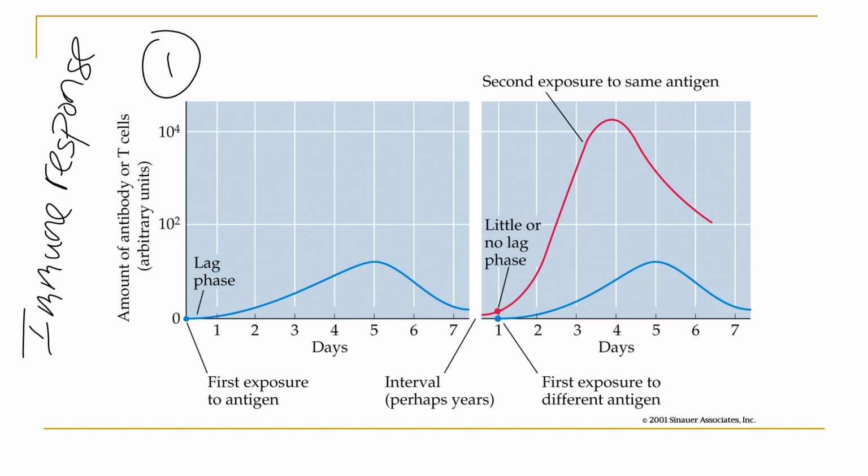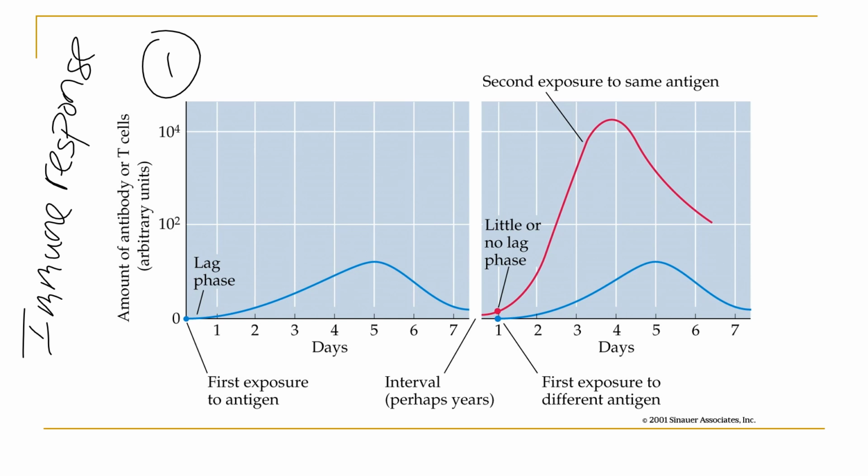Once it finds that, it mounts an immune response, your body starts fighting it, and you start to feel better. But those first few days, you don't feel really good because you feel sick and your body isn't really fighting it off yet. Then towards the tail end, around day 6 or day 7, you might feel a little bit better because your body has started fighting it off. Boom, you've had influenza A.